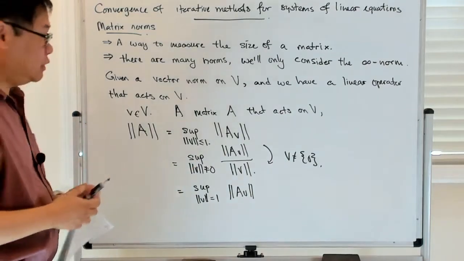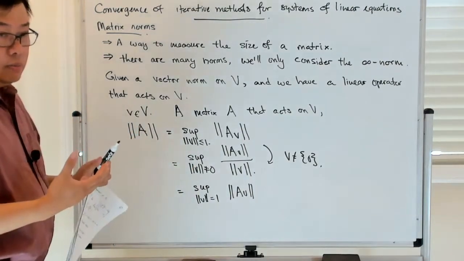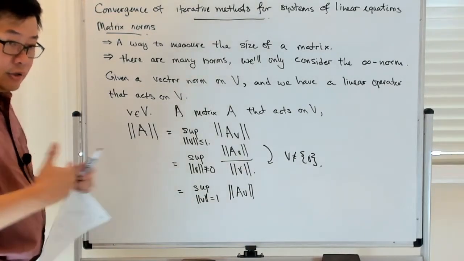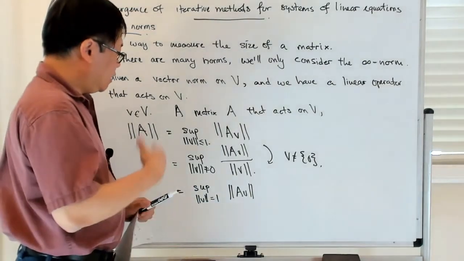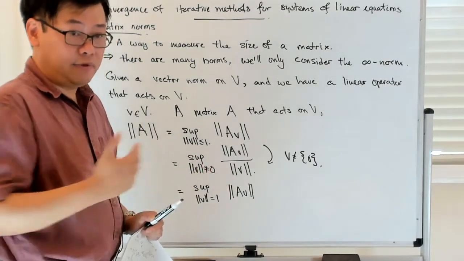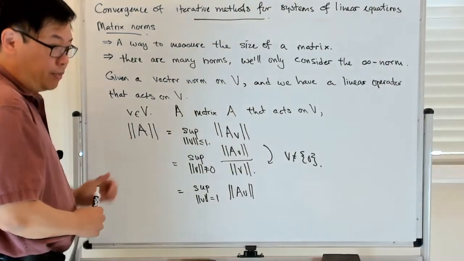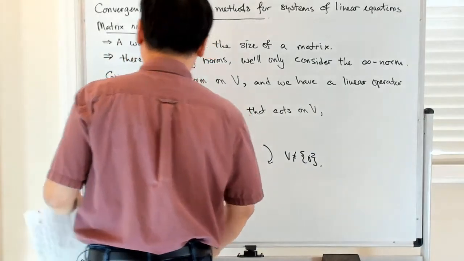So if you have a bounded operator norm, then if you start off with a finite vector, you can end up with a finite vector as well. And that operator norm gives you a sense of how much the size of the vector has been amplified by the operator A.